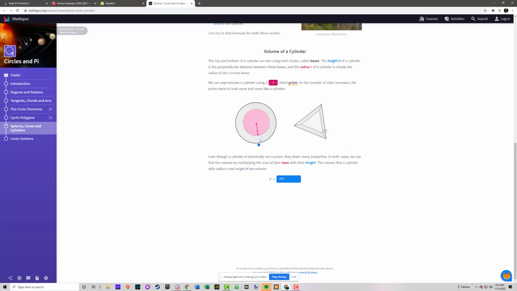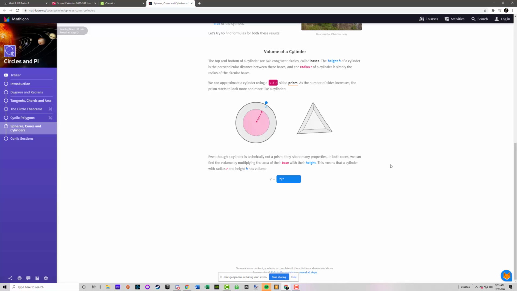The number of sides and edges you have should correspond with the number of corners that you have. So if we take a look at the prism, how many sides do we have?